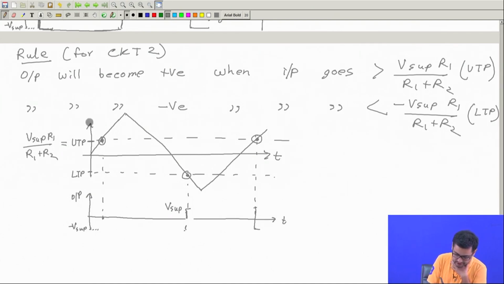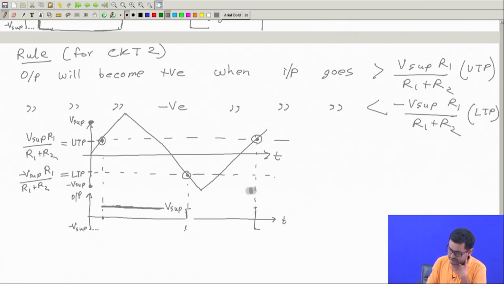Somewhere here I will have V supply, somewhere down there I will have the value minus V supply, and this lower trigger point is equal to minus V supply R1 by R1 plus R2. Now, if the input goes above this, output will become positive. So, here it will become positive. I do not know what it was before this, but here it will become positive.